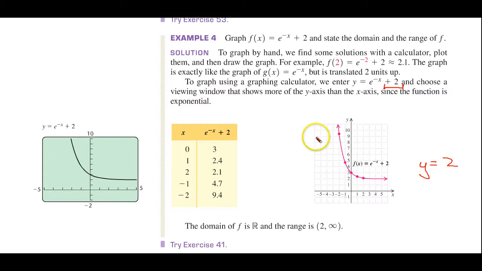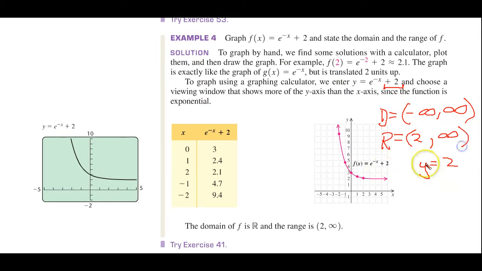So for our domain of this, it would be all real numbers. And for our range of this, it's going to start at 2, but 2 is not included, and go up to positive infinity.